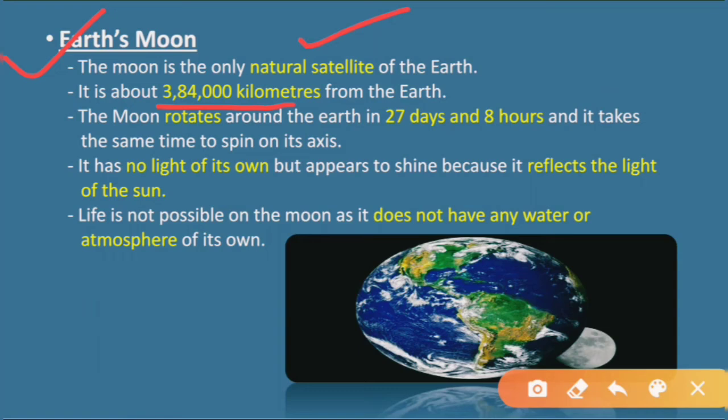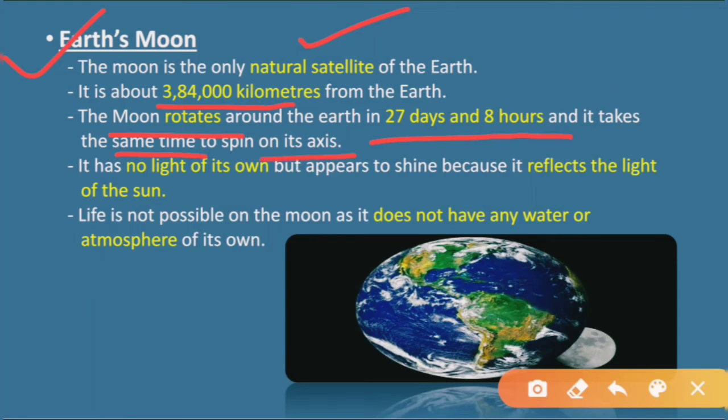The next, the moon rotates around the earth. The moon rotates around the planet earth in how many days? 27 days and 8 hours, means it takes 27 days and 8 hours to complete one circle around the planet earth, and it takes the same time to spin on its axis.